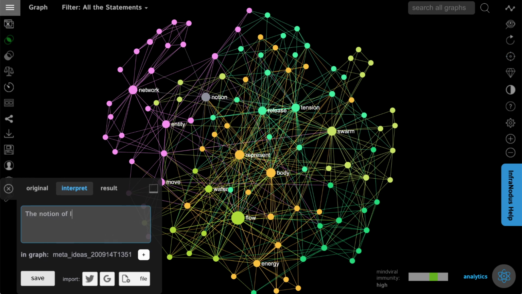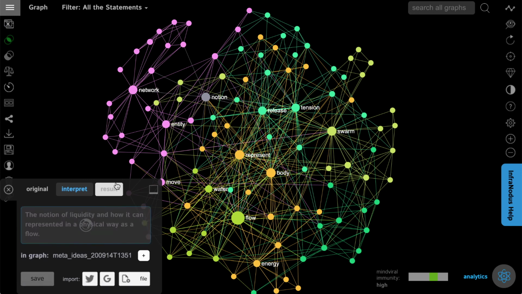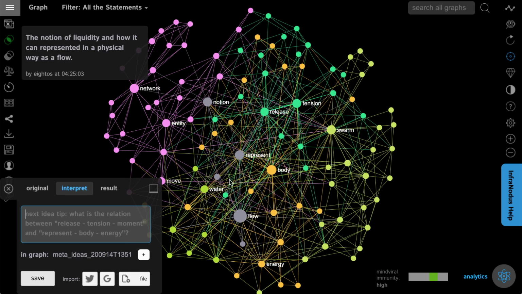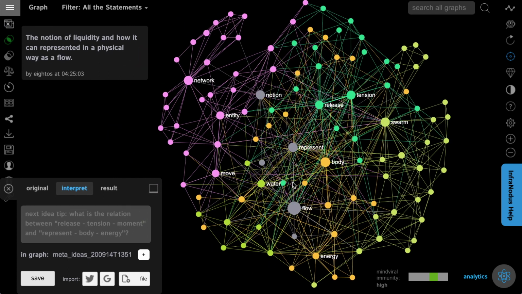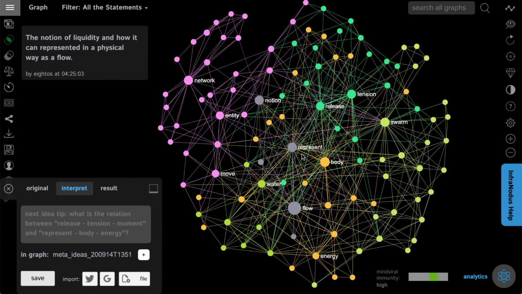The notion of liquidity and how it can be represented in a physical way as a flow. When you see, I'm adding the ideas and they color the graph gray, so they show me how my summary is covering the initial discourse.